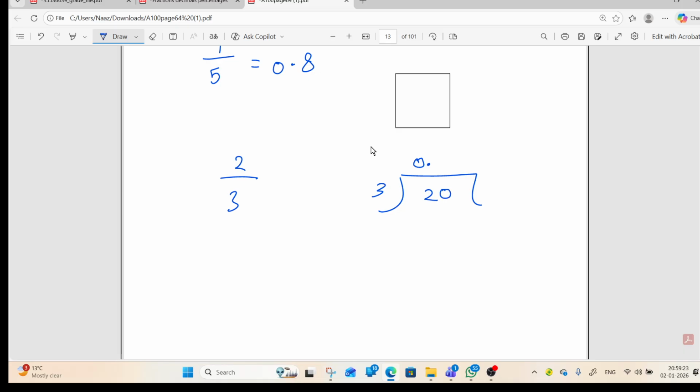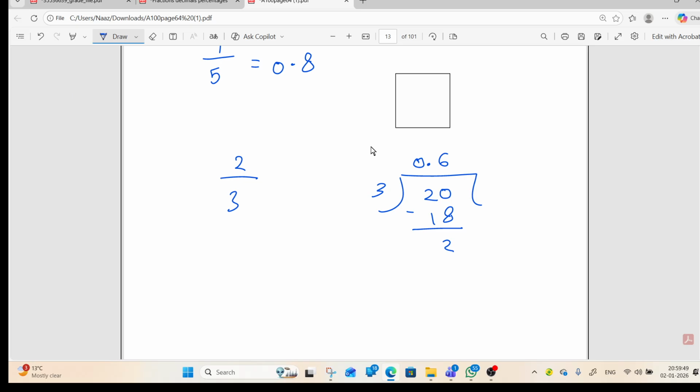Now we have 20. We can divide 20 by 3, right? So 3 times 6 is 18, right? Then I subtract them. 20 minus 18 is 2. Now there is a remainder 2.